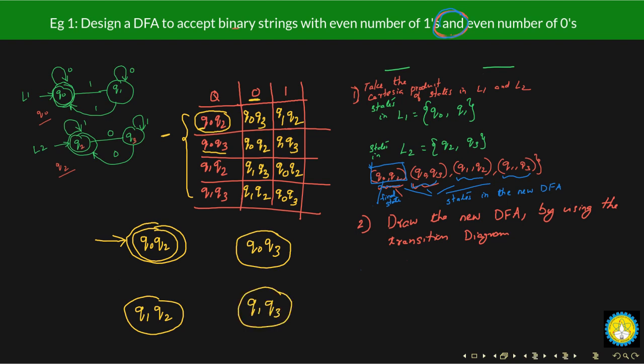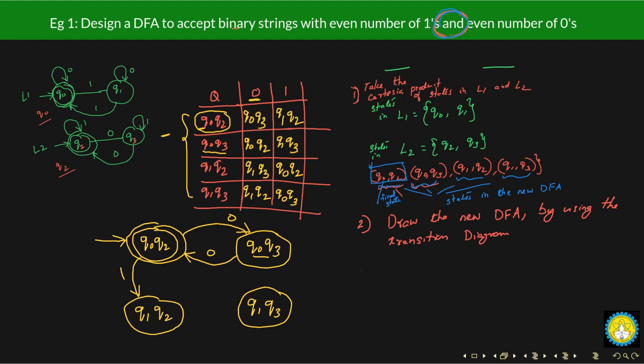So let's now draw the transitions. The transition of Q0, Q2 upon 0 is Q0, Q3, and upon 1 is Q1, Q2. Now we write the transitions from Q0, Q3. Upon getting a 0, it goes to Q0, Q2, and upon getting a 1, it goes to Q1, Q3.